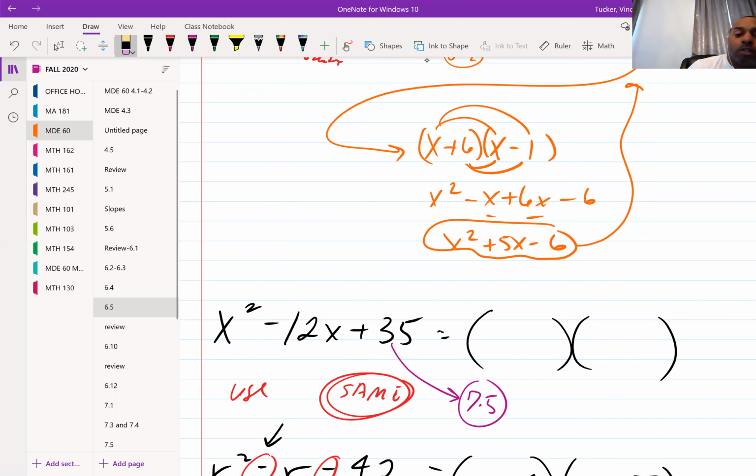Once again, we look at our back sign first, and we see that our back sign is positive. That means that our signs in our parentheses will be the same. This sign tells us what those signs will be, which means both of them will be negative.